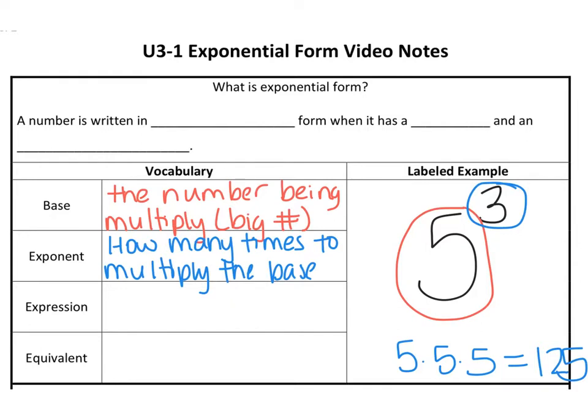Okay, the expression in this case is just 5 to the 3rd. The expression, there is no equal sign. It's just a term. And sometimes it's a combination of terms. And then equivalent means the same as.